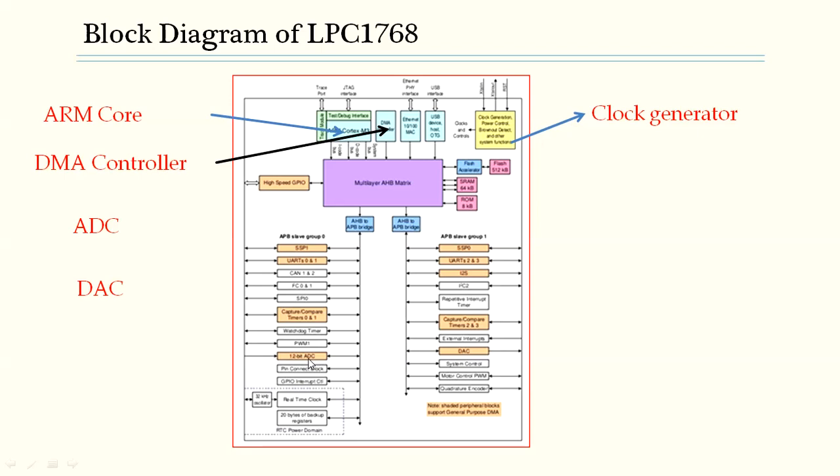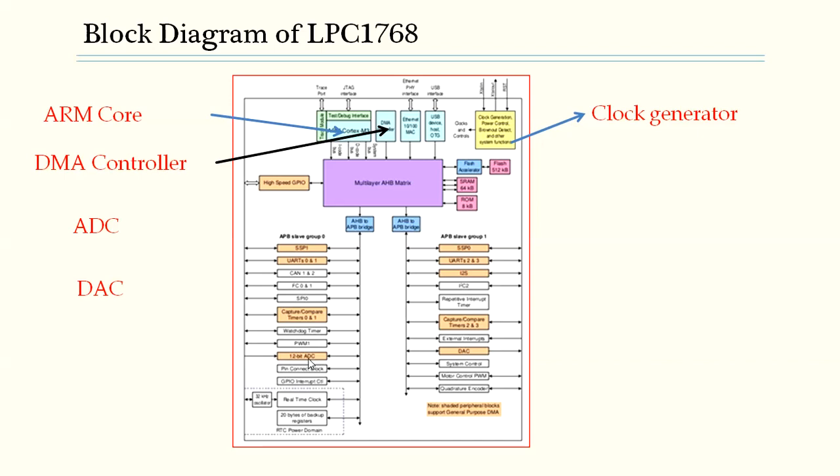This particular block generates a variable analog output. It's a 10-bit DAC which accepts 10 bits of digital data and converts it into the analog equivalent. The maximum output value of the DAC depends upon the V reference voltage.